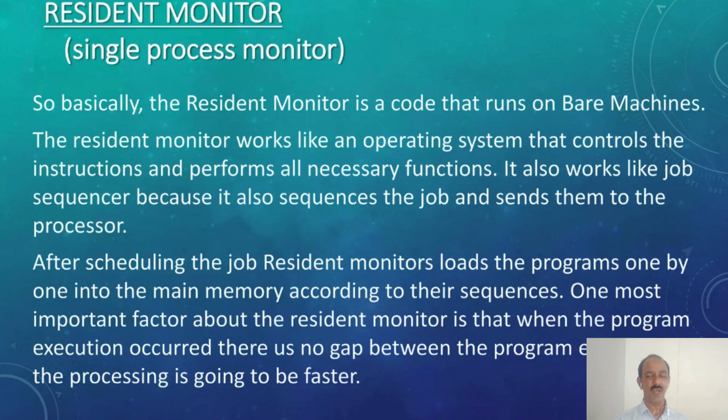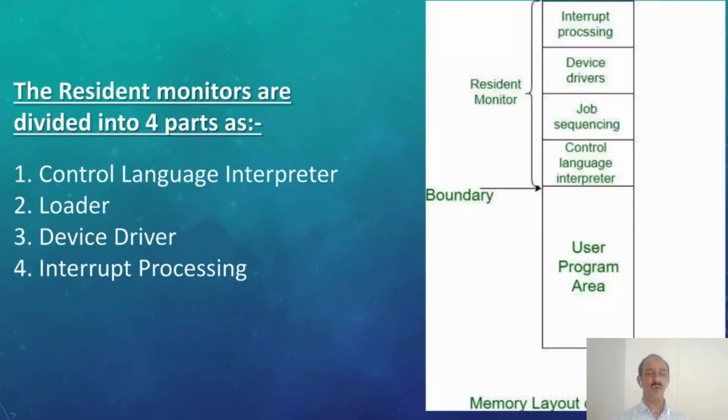Now, resident monitor. What do you mean by that? This is also called a process monitor. Basically, the resident monitor is code that runs on bare machines. The resident monitor works like an operating system that controls the instructions and performs all necessary functions. It also works like a job sequencer because it runs the jobs and adds them to the process.